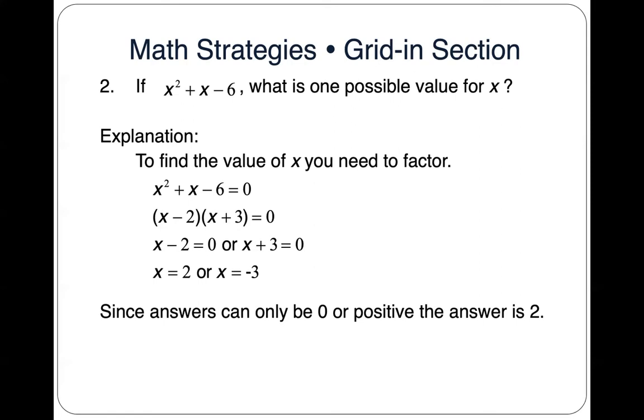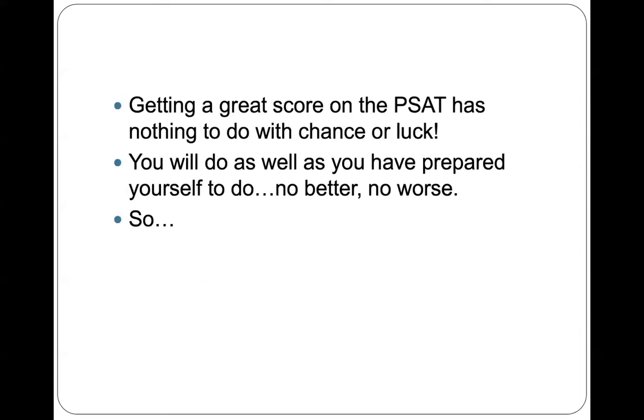So then solving this, we would end up with x equals 2 or -3. Since answers can only be 0 or positive, the answer needs to be 2. So you would mark a 2 and grid that in. It could also be written as you grid it in as 2.0.